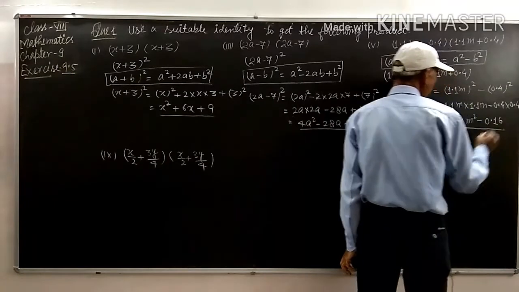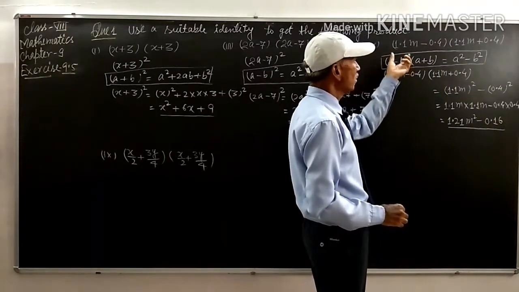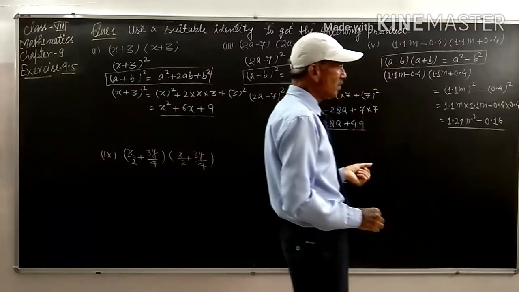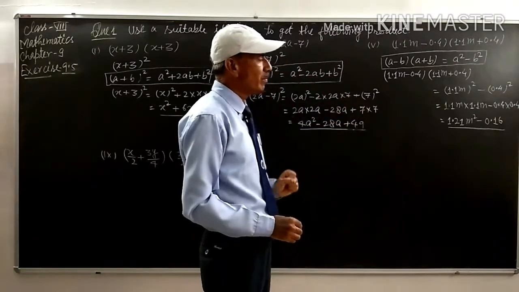Clear students? So this one is the answer, and in this question you have used the third identity, that is A minus B into A plus B, that is A square minus B square.